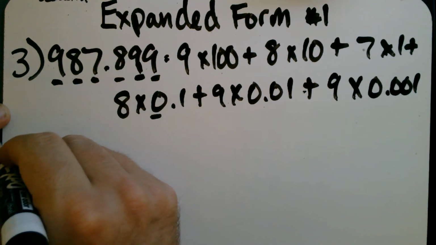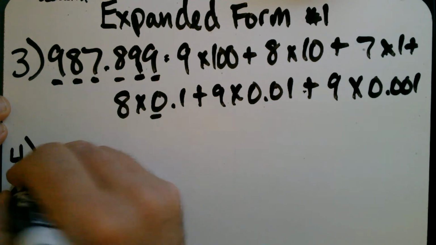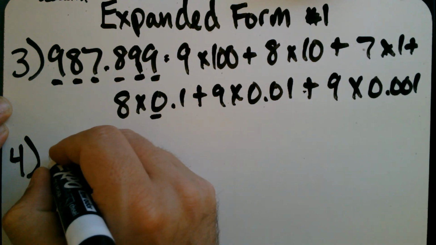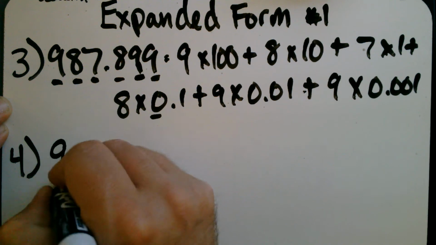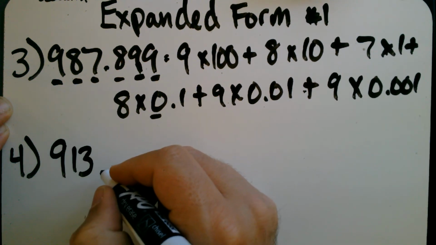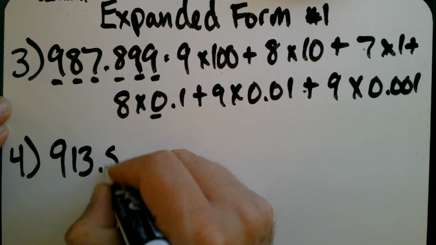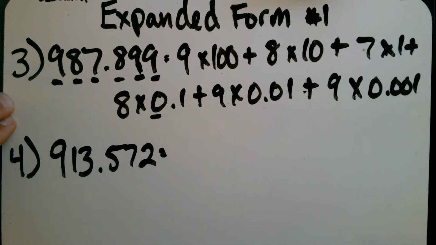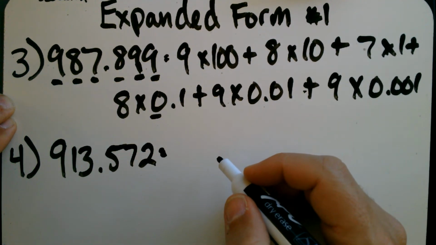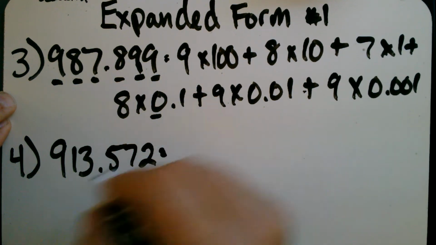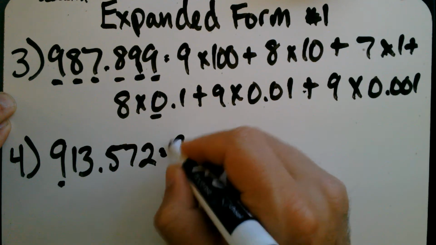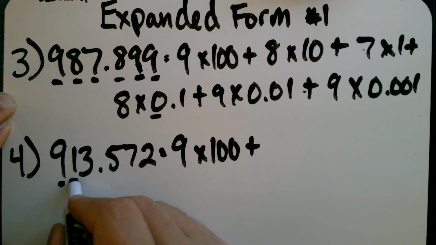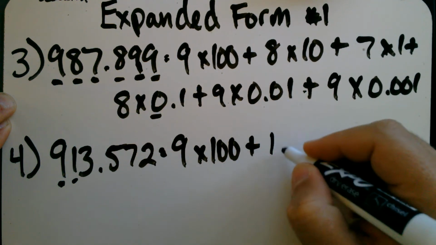Okay, I'm going to leave number 3 up. We're going to do one more. We're going to do number 4 together. 913 and 572 thousandths is our standard form. So the expanded form would be, I've got another 9 in my hundreds place, so 9 times 100. And then a 1 in my tens place, so 1 times 10.